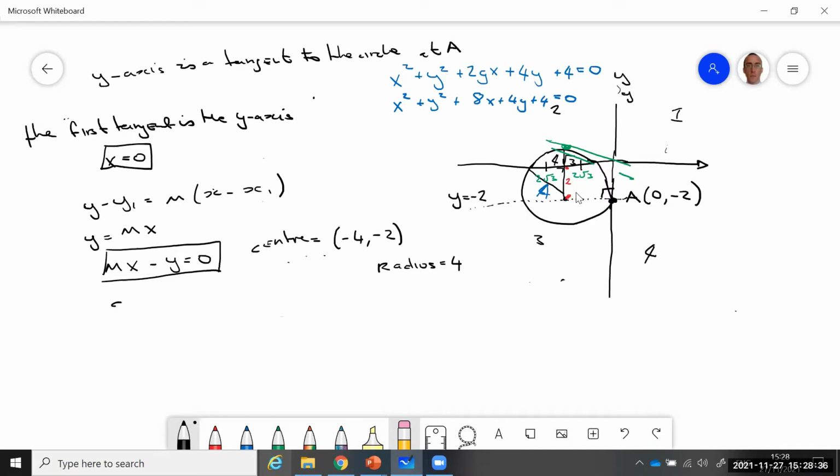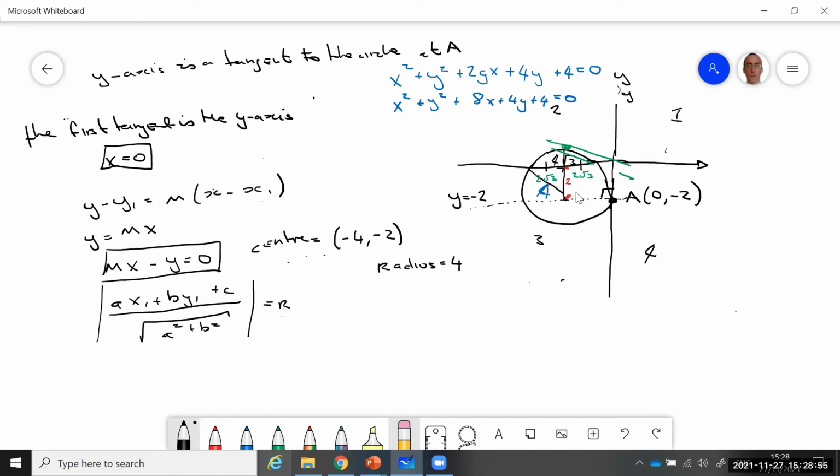And just to recall the perpendicular distance formula: the absolute value of ax1 plus by1 plus c, all over the square root of a squared plus b squared, and that is of course the modulus, because we're talking about distances, and distances are always positive.